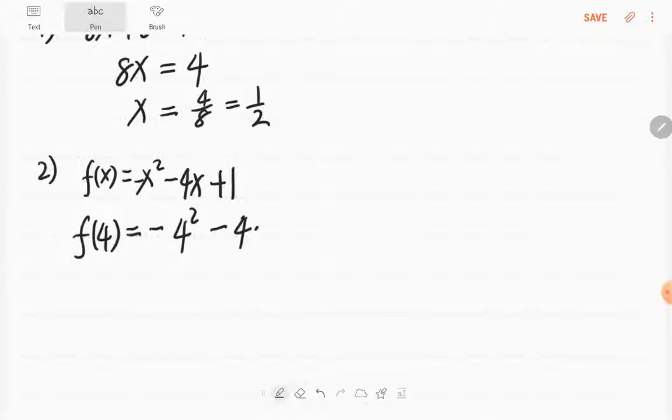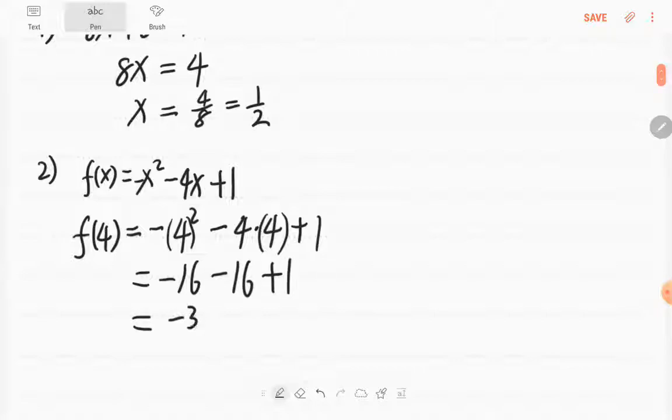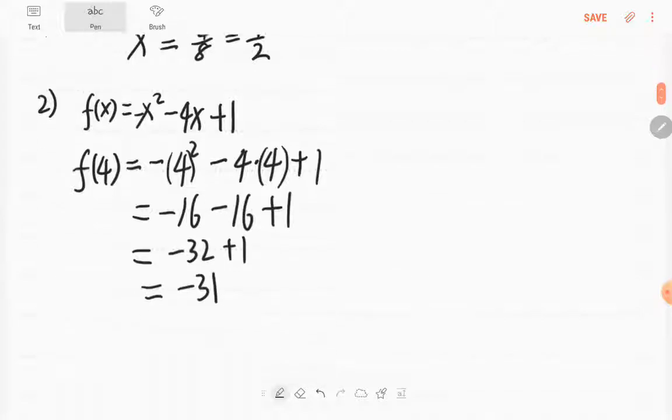Minus 4 times 4 plus 1. So this is a negative 16. Okay, I use the parentheses, means this is the position of x. Okay, minus 16 plus 1. So this would be negative 32 plus 1, which is equal to negative 31.